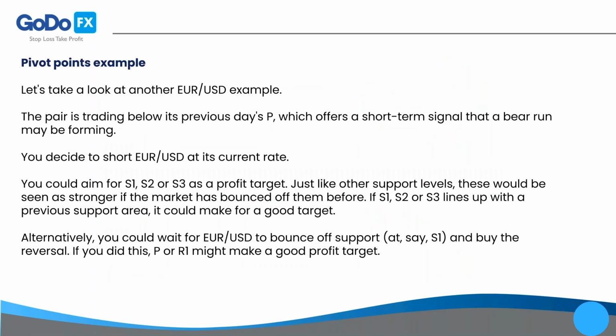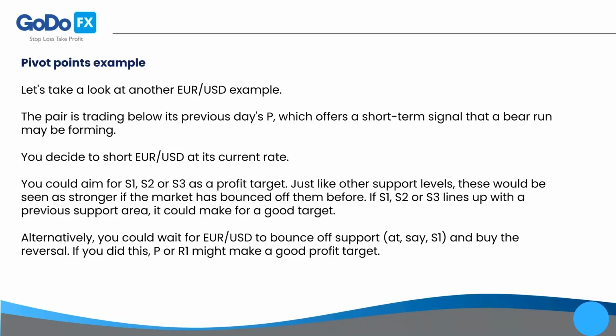So, pivot point example. Let's take a look at another EURUSD example. The pair is trading below its previous day's P, which offers a short-term signal that a bear run may be forming. You decide to short EURUSD at its current rate. You could aim for S1, S2, or S3 as a profit target. So you always look at S1, S2, S3 as possible take-profit points. Just like other support levels, these would be seen as stronger if the market has bounced off them before. If S1, S2, or S3 line up with a previous support area, it could make for a good target.